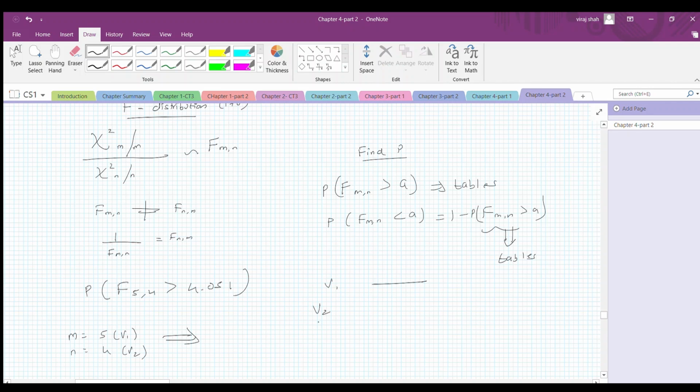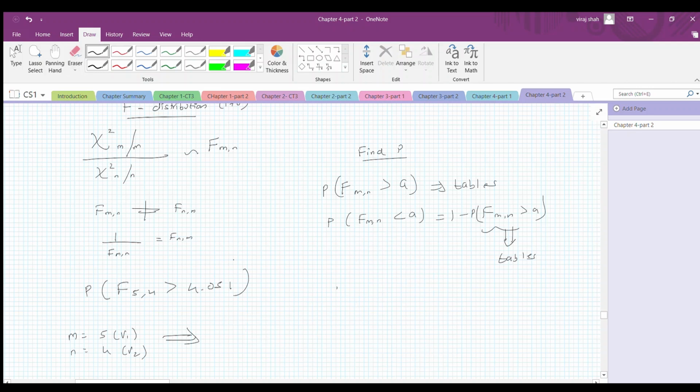My v1 is 5, so I will find 5 here, and I will find 4 right here. The middle value which I get, I will compare with the table. If it was under the heading of 10%, I will get the value of 10%. This is how it works.